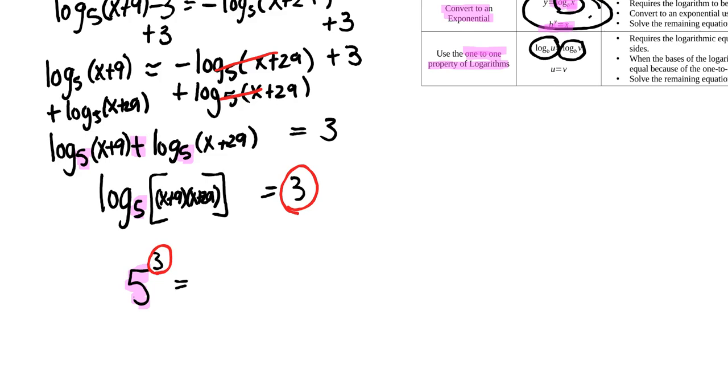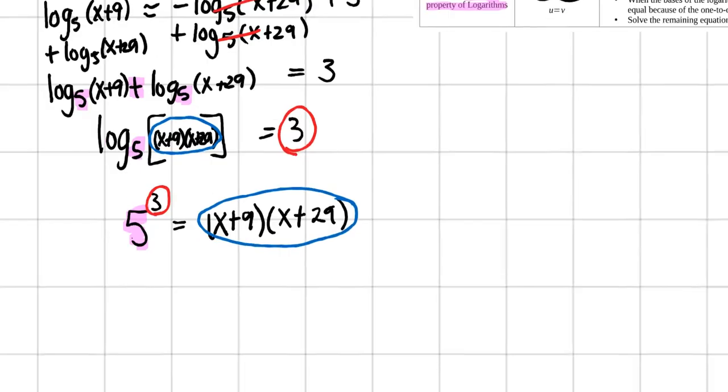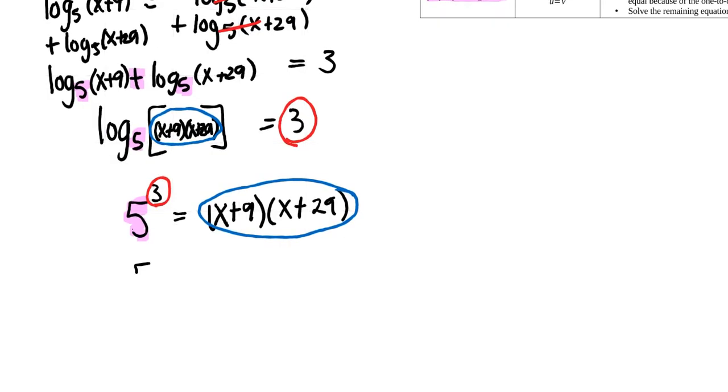And this exponential is going to equal what's inside the log. X plus 9 times x plus 29 is inside that log, so that's what our expression equals. So now we have 5 to the third power equals x plus 9 times x plus 29.